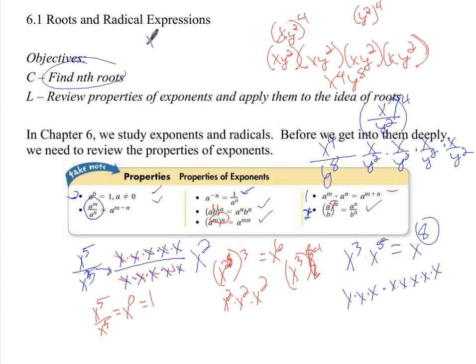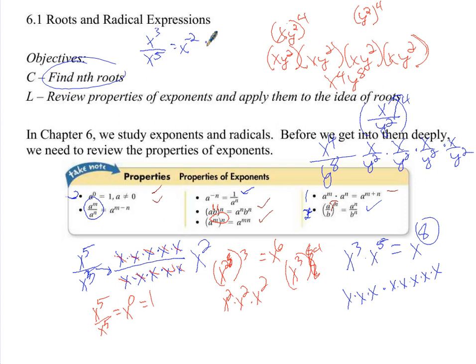Let's go x to the third divided by x to the fifth. If I'm using this property, what do I wind up with as an answer? X to the what? I have to subtract, right? So 3 minus 5, what is that? It's negative 2. So this gives me x to the negative second power.